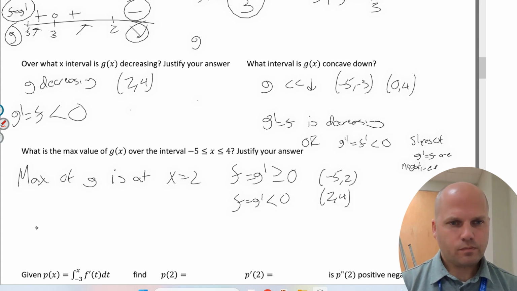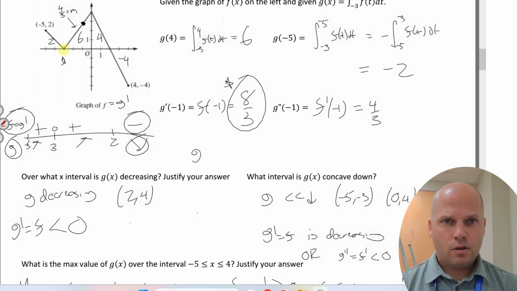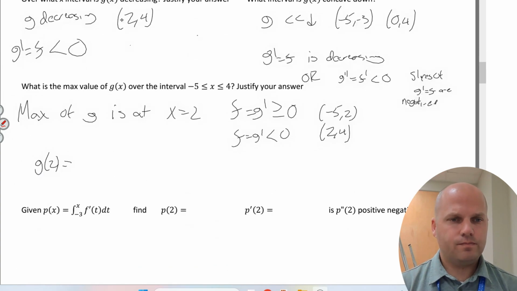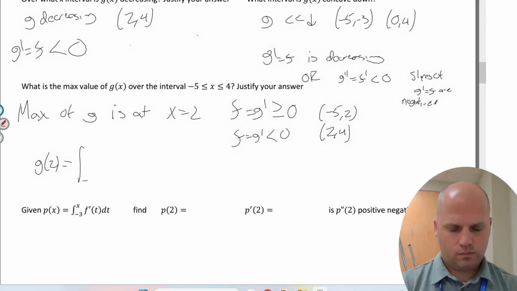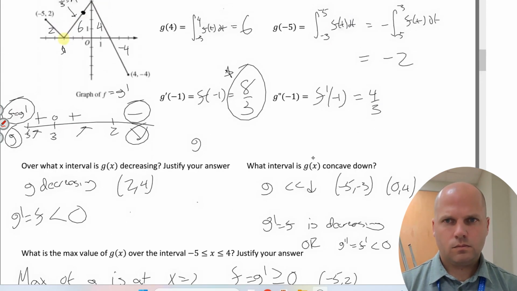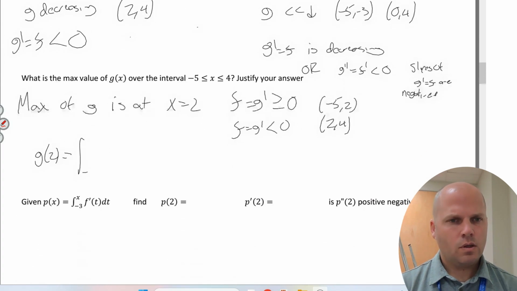There's your winner. Now we just have to find the value. Did I find it earlier? No. G of 2 is 4. Got to show the integral. It's not 4.